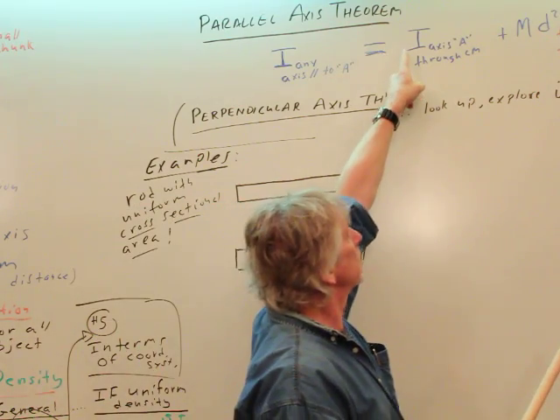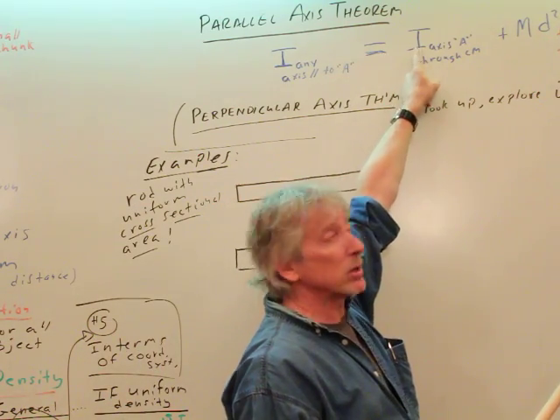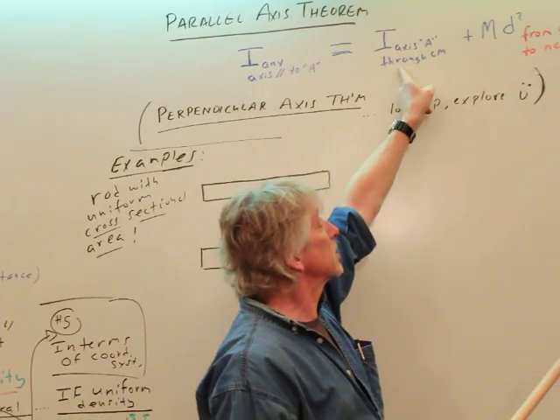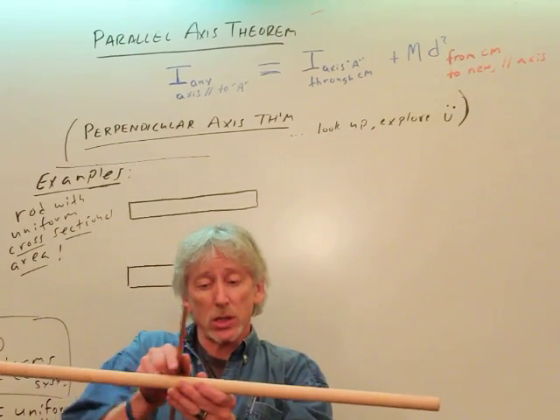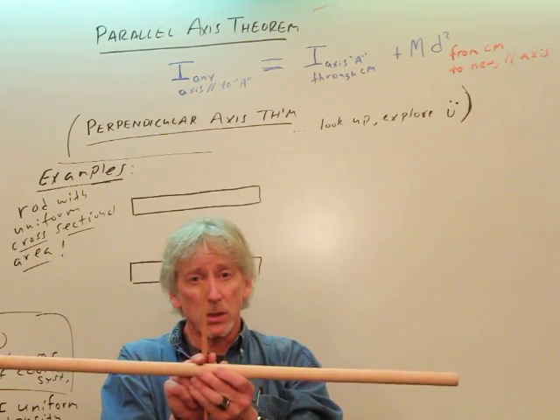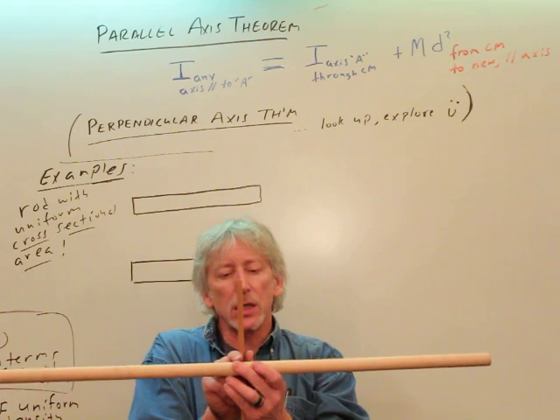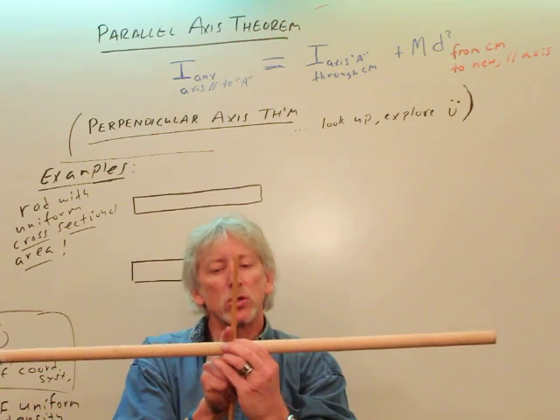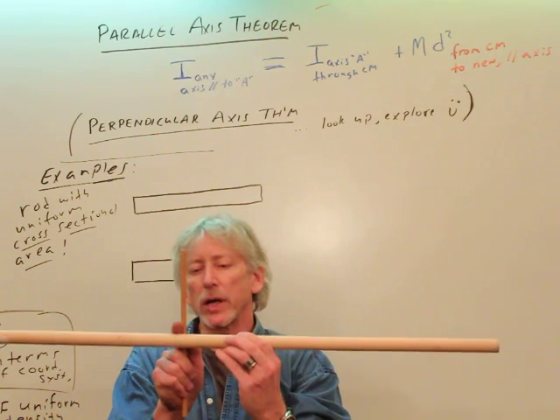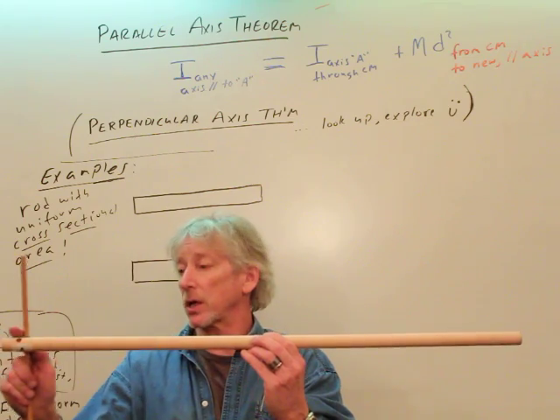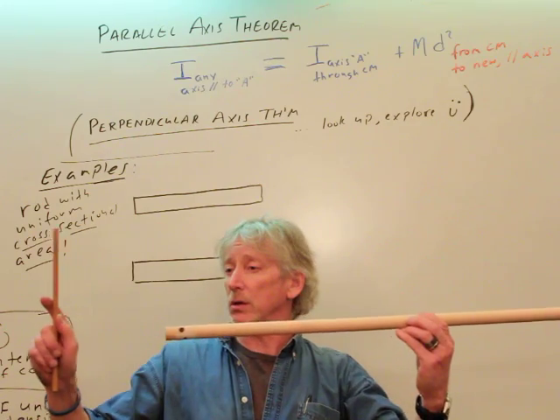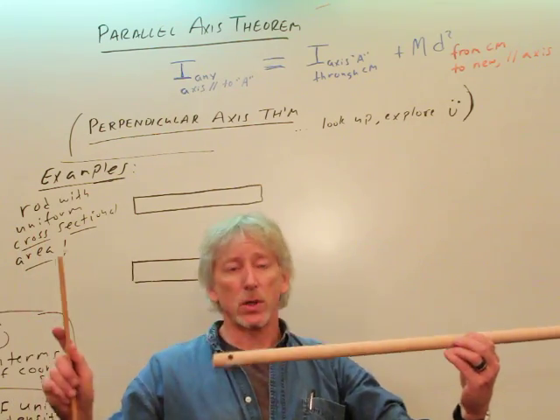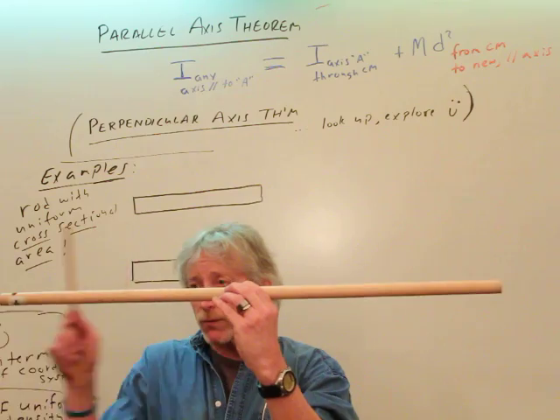If I know the rotational inertia through an axis that goes through the center of mass, like that, or like that, actually, any way that goes through the center of mass, then I can find easily the rotational inertia through any axis that's parallel. I can find it here, here, here. I could find it anywhere. In fact, I could even go way out here through this equation. So if I know this, I can find any of these.